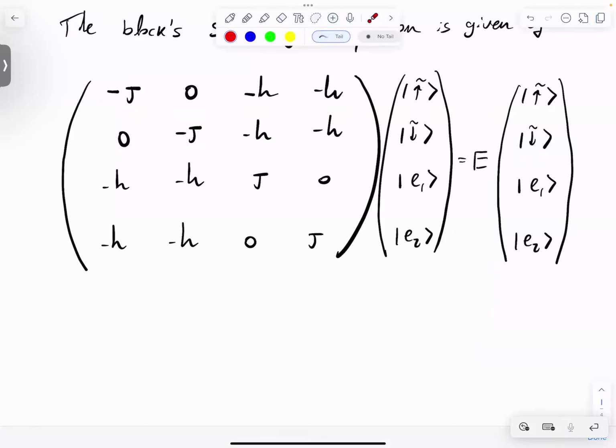There are two low energy states that are at energy minus J, and two high energy states that are at energy J. So if we're looking for the low energy physics, then we can basically eliminate these high energy states from the theory.